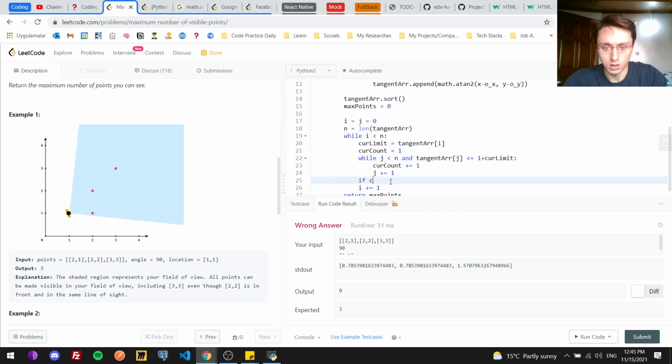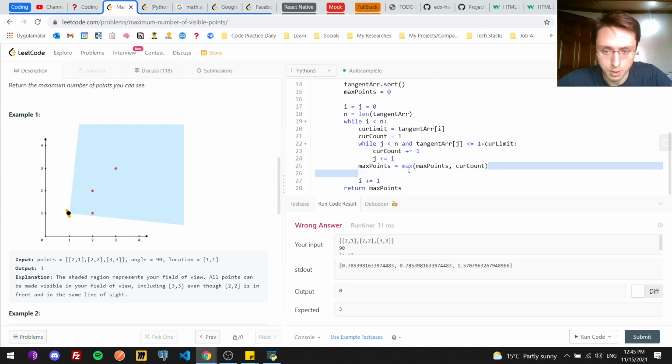And then at the end I check if current count is greater than the max points, so maybe I just do max points equal to max of max points and current count. So we update it if necessary, and then I increase my i and again do the same thing.